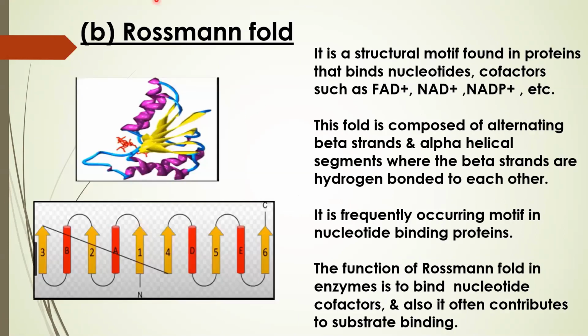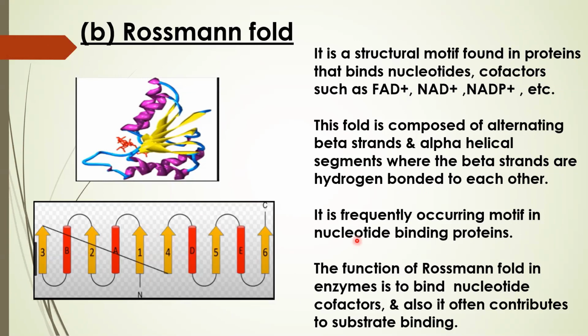Now, Rossmann fold. This is the most important as in CSIR exams. Many questions came from this Rossmann fold. So please listen to this carefully. It is a structural motif found in proteins that bind nucleotide cofactors such as FAD, NAD+, and NADP+, etc. This fold is composed of alternating beta strands and alpha helical segments, where the beta strands are bonded by hydrogen to each other.